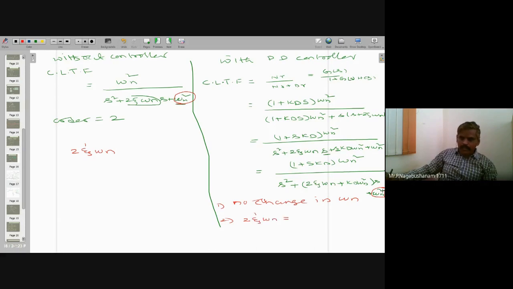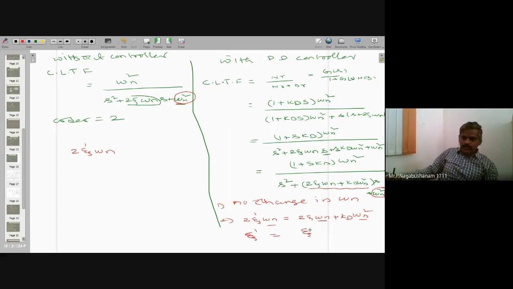That is equal to the multiplication of s, which is this entire one: 2 zeta omega n plus Kd omega n square. Make omega n get cancelled, then take this 2 also. Otherwise, send this 2 omega n to the left side. Remaining is zeta dash, the 2 gets cancelled, omega gets cancelled.